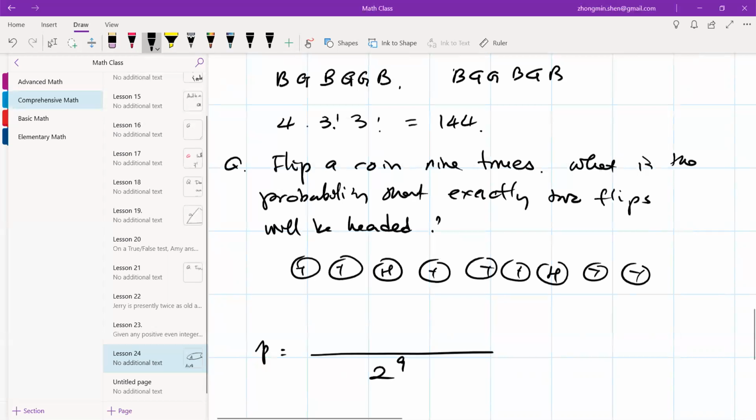So think about that. You have 9 positions in a row, the first one called 1, the second one called 2. The question is, how do you choose 2 of them to give them H? The rest of them get a T automatically.